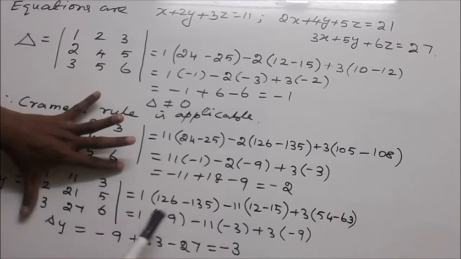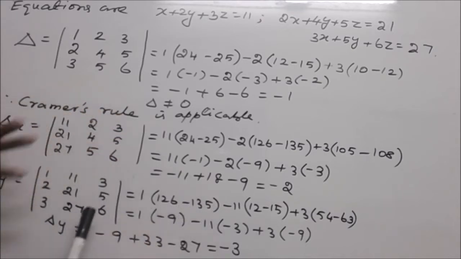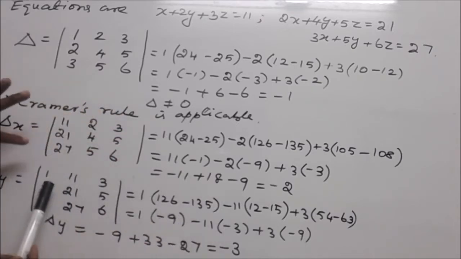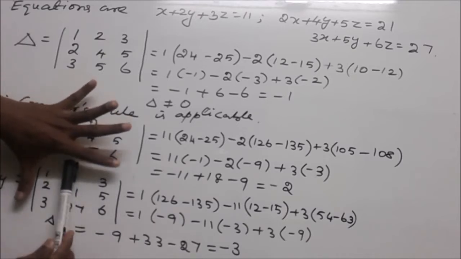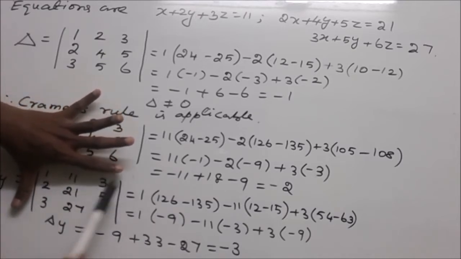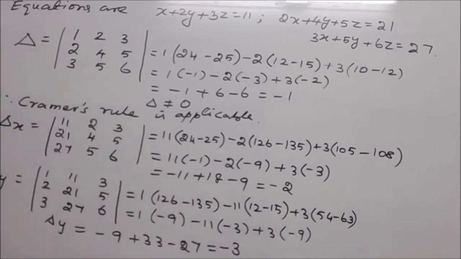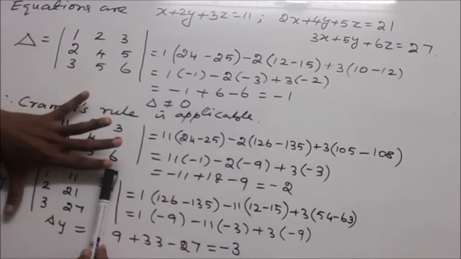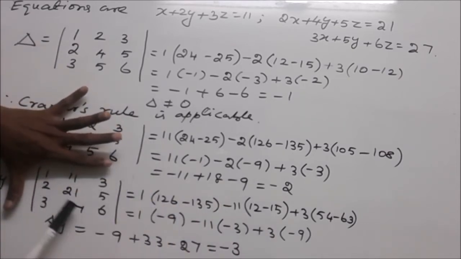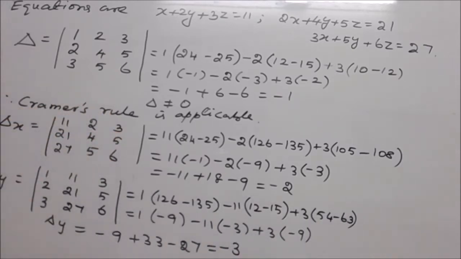Then 27 into 5, minus 135. And then for this 11, these 4 entries are taken: 12 minus 15. And then for this 3, these 4 entries are taken: 2 into 27, 54, minus 3 into 21, minus 63.